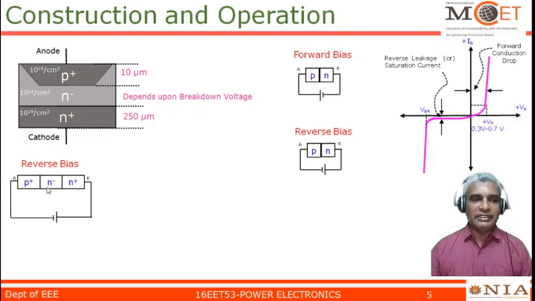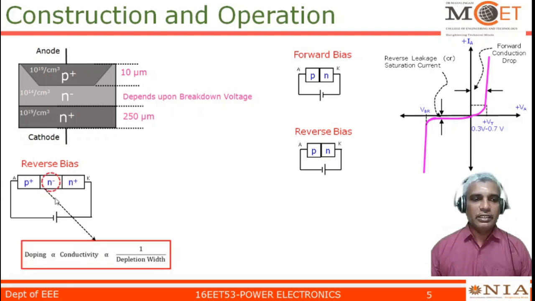This N minus means it is lightly doped. Doping is directly proportional to conductivity. Since it is lightly doped, conductivity will also be decreased. But conductivity is inversely proportional to depletion width.